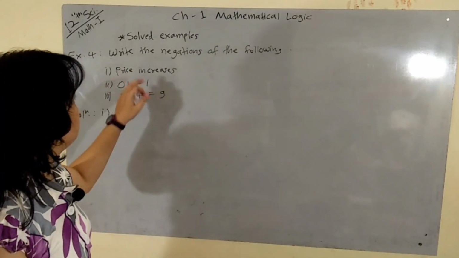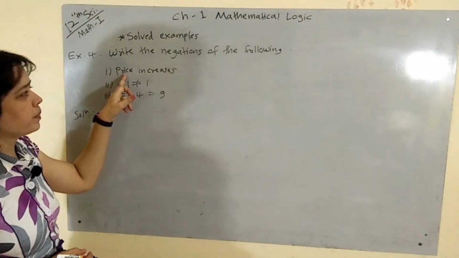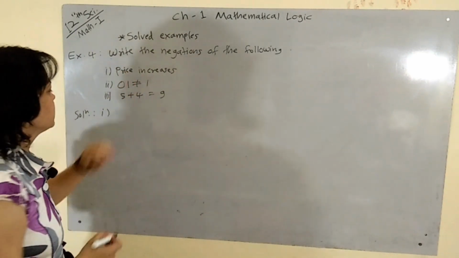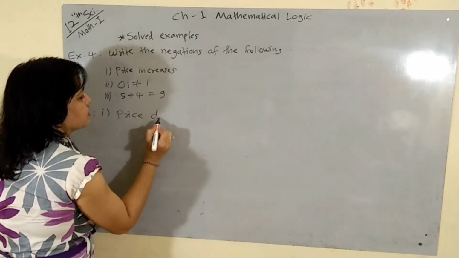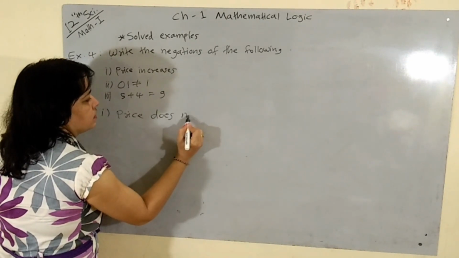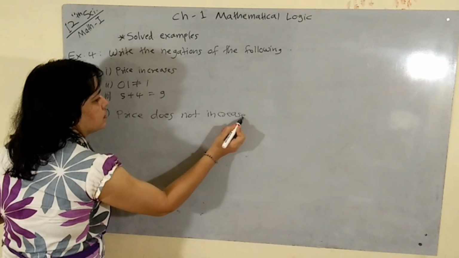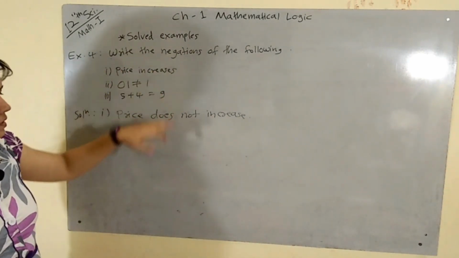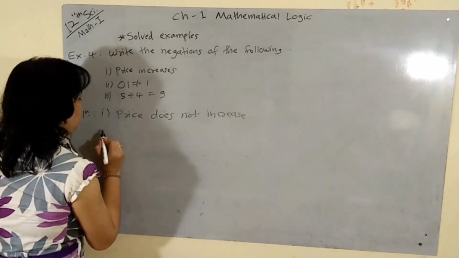Okay, next example is write the negations of the following. So, first is price increases. Its negation is price does not increase. It's very simple.